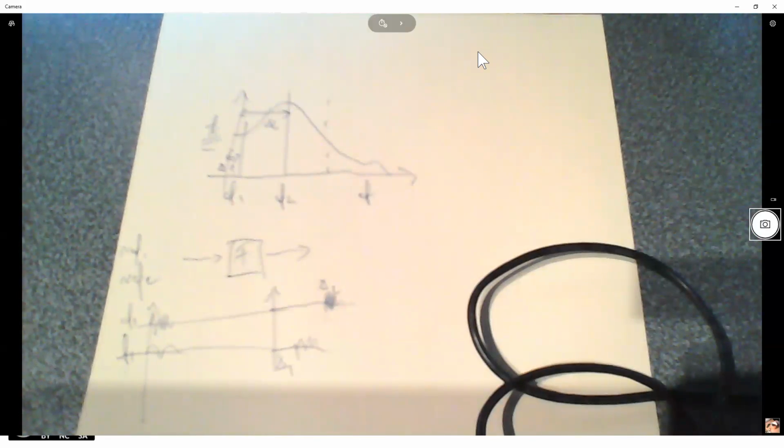That's not a coherent data package anymore. So group delay is a pretty important parameter, especially when you are designing systems for data transmission.